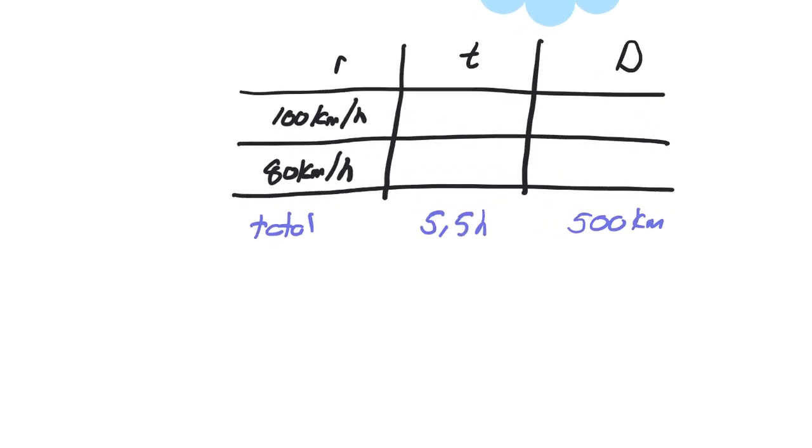And now I have to decide if I want my distance to be x and y, or my time to be x and y. If I let distance be x and y, then my time will be a fraction. It'll be x over 100 and y over 100.